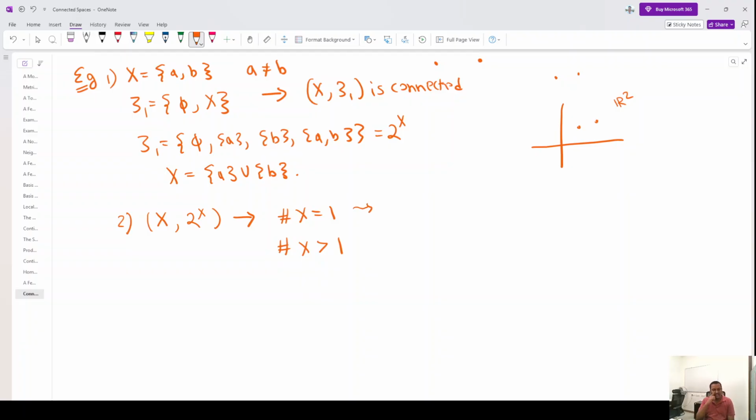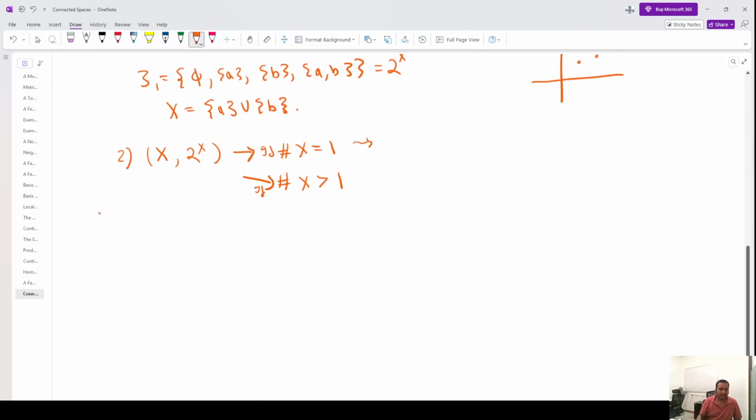In the first case, the discrete topology will coincide with the indiscrete topology and that space will be connected. And in the second case, there will be a disconnection, meaning there will be two open sets which are disjoint, non-empty, and whose union is your whole space X.